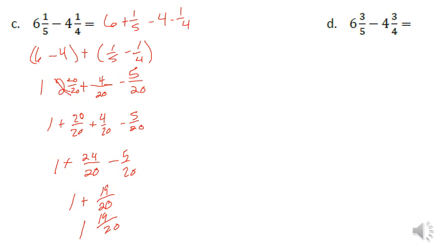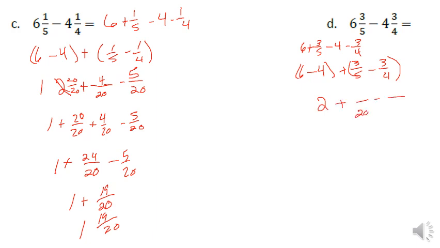On D, we're going to end up going with 6 plus 3/5 minus 4 minus 3/4, which gives us 6 minus 4 plus 3/5 minus 3/4. So now we have 2 plus, and we're going to redo our common denominators. 5 times 4 is 20. 4 times 3 is 12. 5 times 3 is 15.